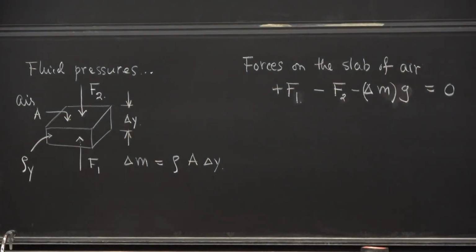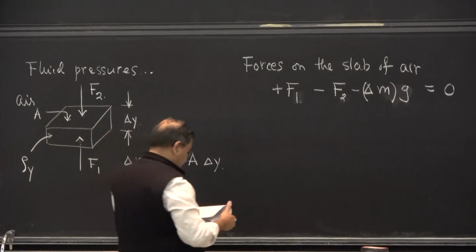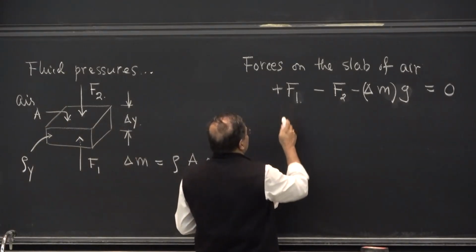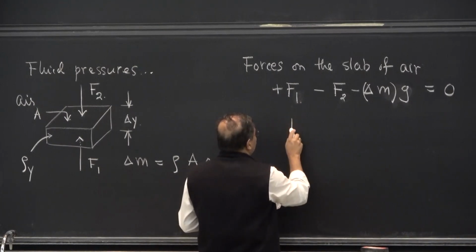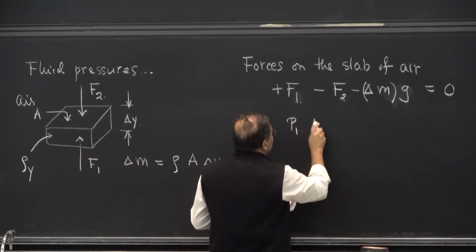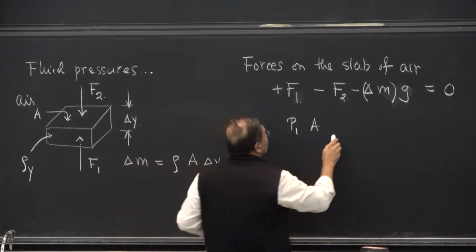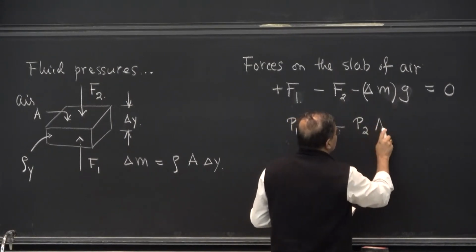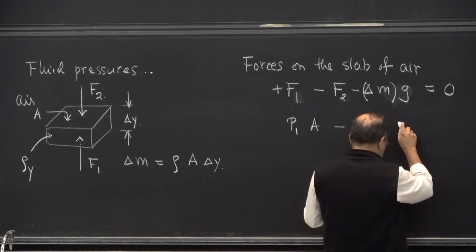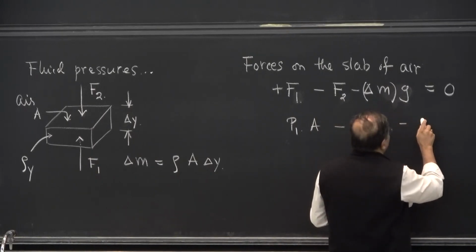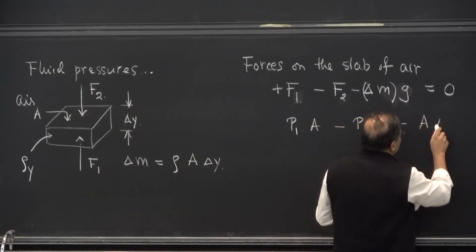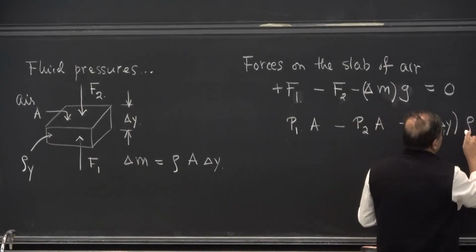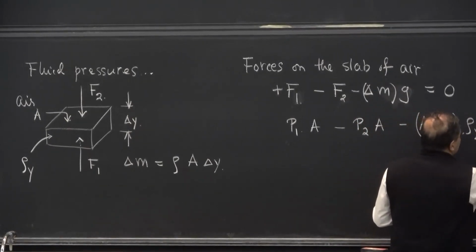F1 minus F2 minus delta M g equals 0. So we can actually simplify this equation because F1 can be thought of as P1 times A. P1 is pressure here, minus this would be P2 times A, minus A times delta Y, that's the volume, times the density rho of y times g.